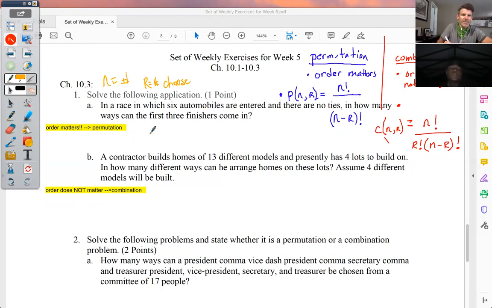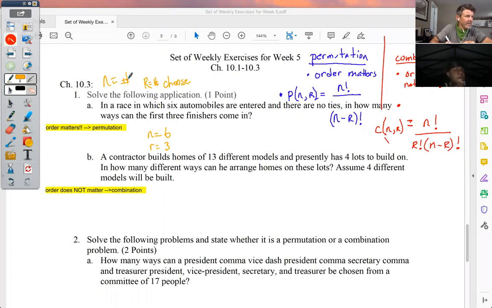In this case, on number 1, how many things do we have in this race? 6. You have 6 cars. Out of the 6, how many are going to place? 3.